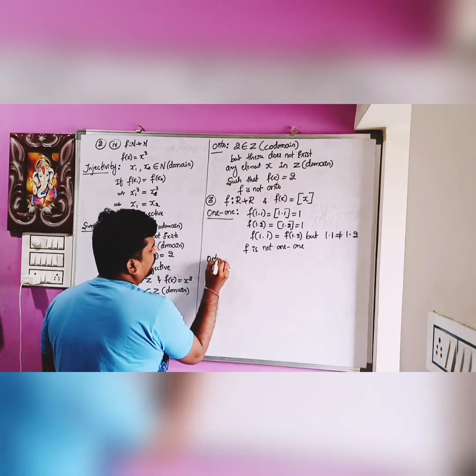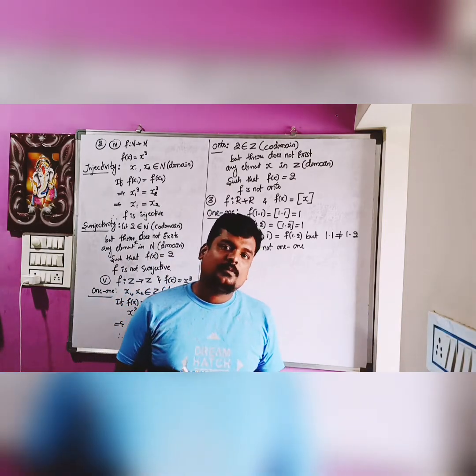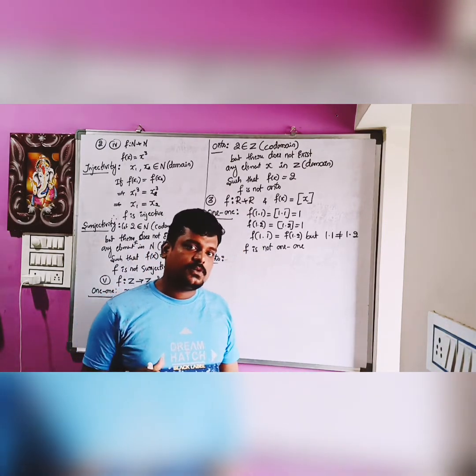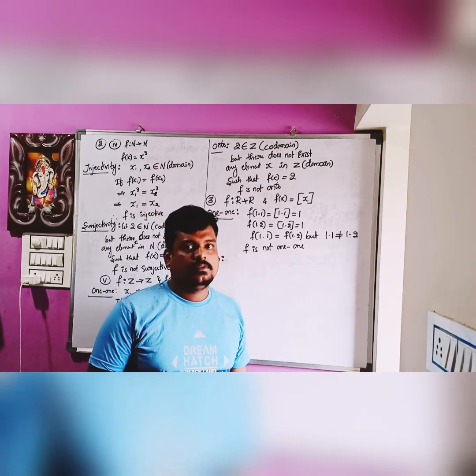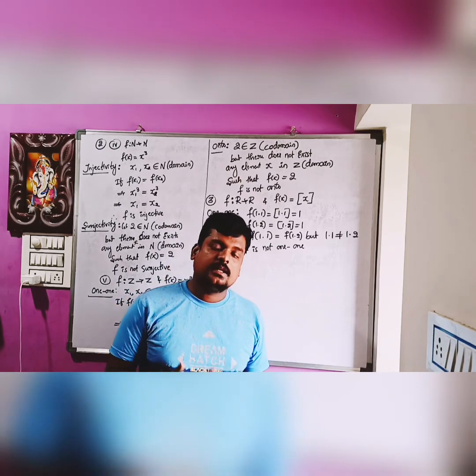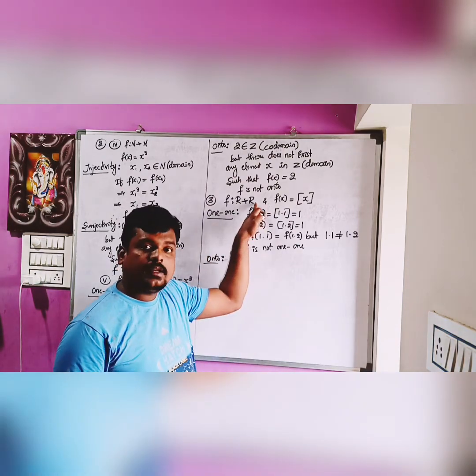Next for onto, it is very simple. By the definition of the greatest integer function, for any input the output is always an integer. Means the range is the set of integers, but the codomain is the set of real numbers.